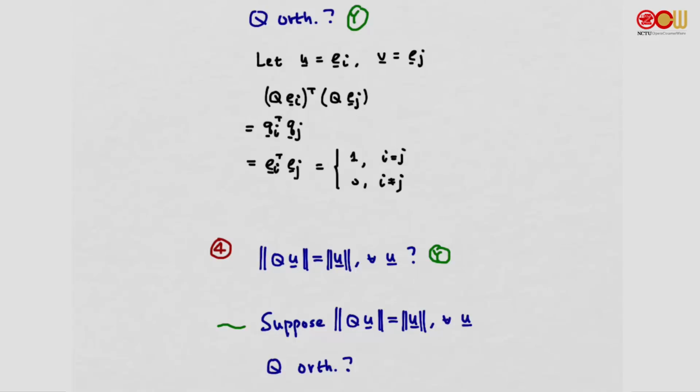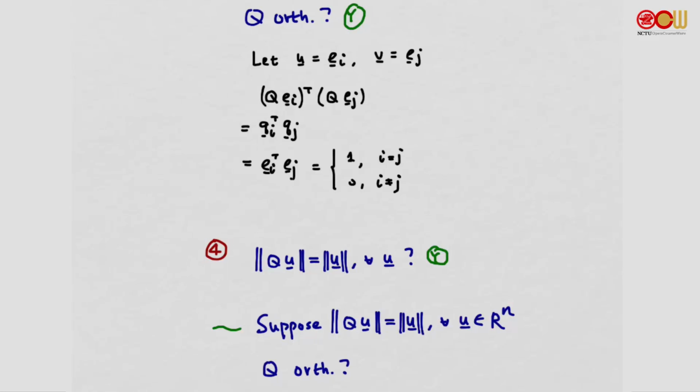Now let's ask the converse. Suppose Q is an n by n matrix that preserves norm for all U vectors in R^n. Does that mean Q is orthogonal? Then it's the same as asking if all the column vectors of Q are unit vectors and if every two vectors of Q are orthogonal.